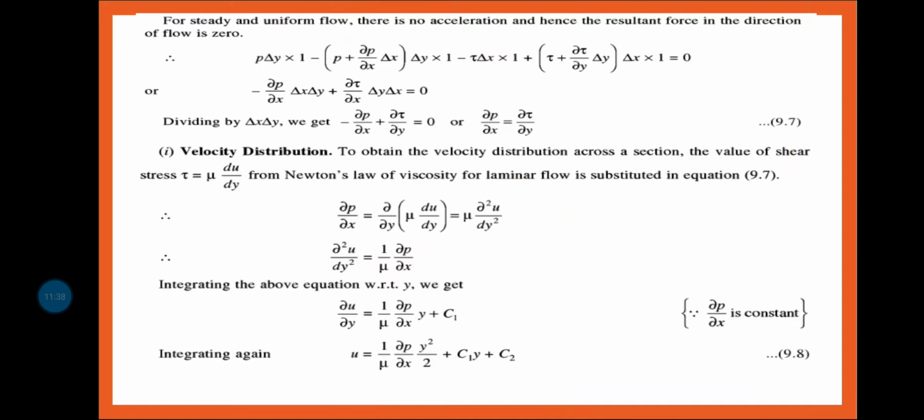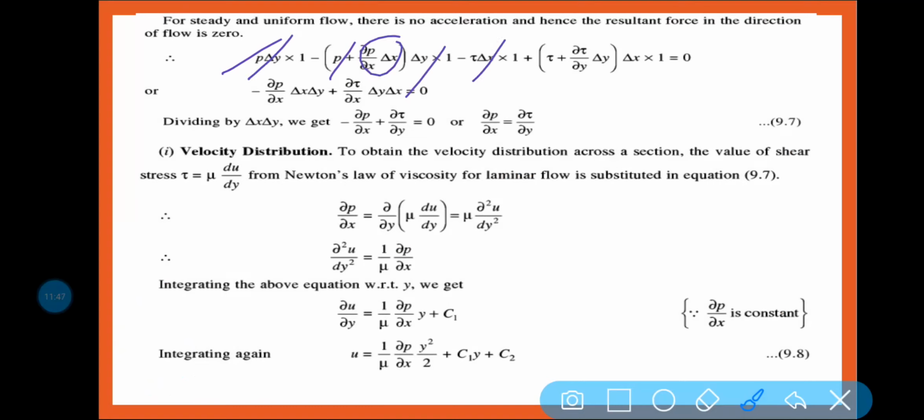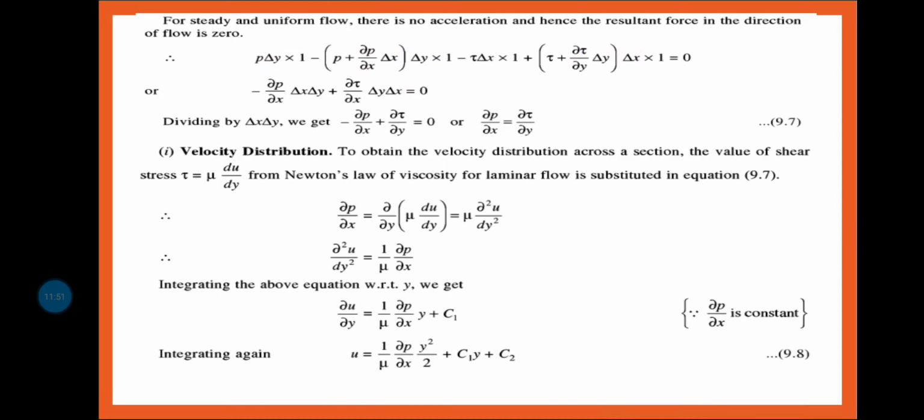If it is clear, then we can cancel some terms: this and this part will cancel out, only this part will remain. So minus del p by del x into delta x into delta y plus del tau by del y into delta y into delta x is equal to 0.